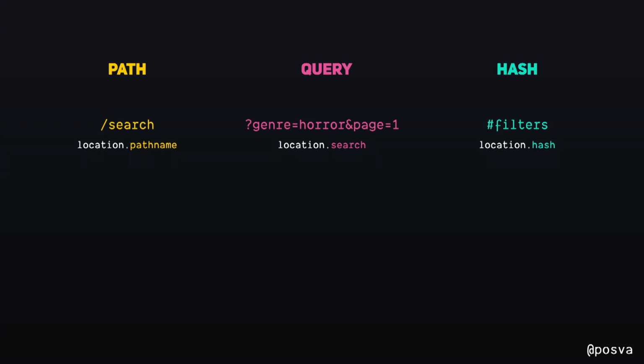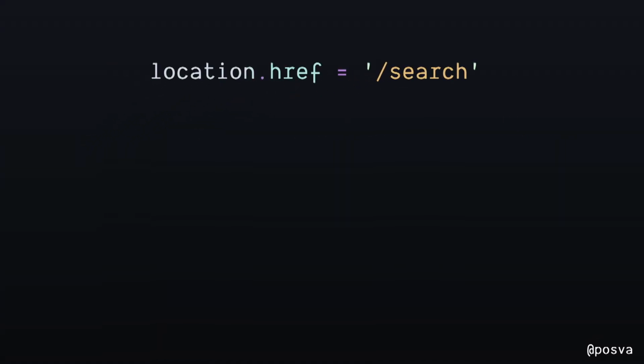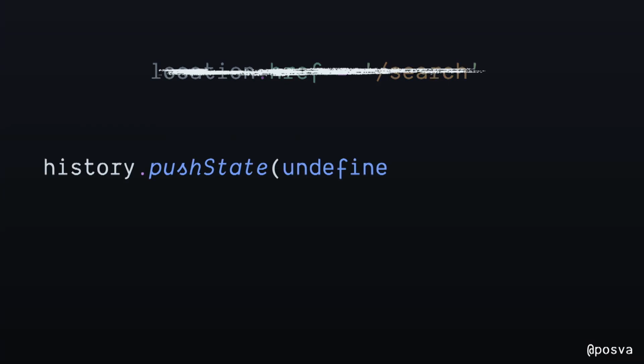Also, it triggers popstate, by the way. Sometimes, depends on the browser, so something you cannot really rely on. Anyway, as I was saying, you can change the URL through location.href or any other properties, and this is the navigation. But if we want to do an SPA, we cannot do that, so we have to go through history.pushState, passing whatever state we want, the second argument, which is useless, and the URL.